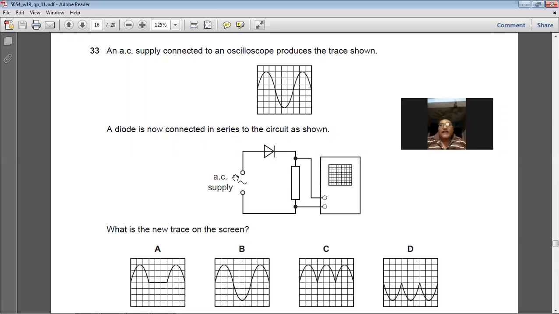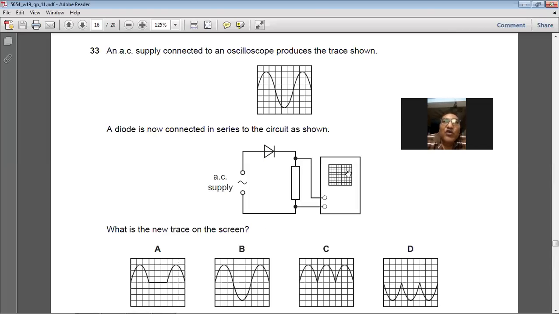The alternating power supply provides the current in both directions. So the current flows in this direction, and then the current flows in this direction. This is alternating current. Now when the current flows in this direction, it is the direction of the diode, so the diode will be forward biased, and the diode will let the current flow.